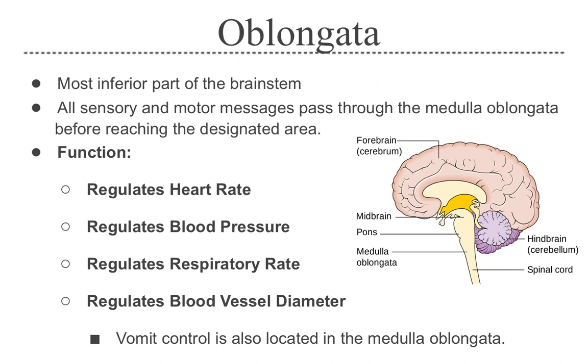But these drugs aren't selective to one specific lobe in the brain. So if we are trying for sedation or trying to keep someone calm, it's not just going to work on maybe the frontal lobe to decrease aggression. It will affect the entire brain. Therefore, it's going to affect things like heart rate and blood pressure and respiratory rate. So just keep that in mind.